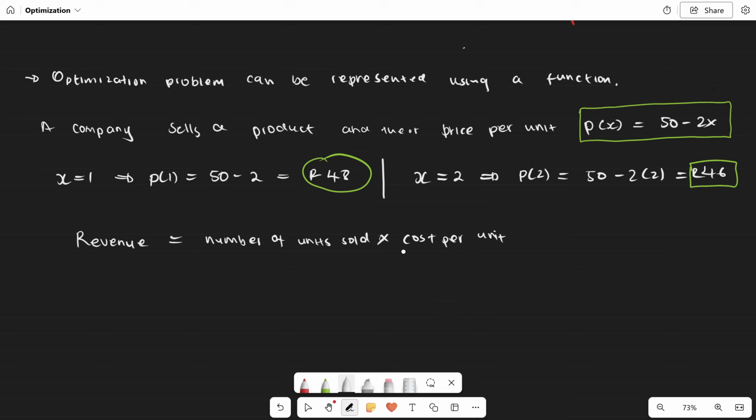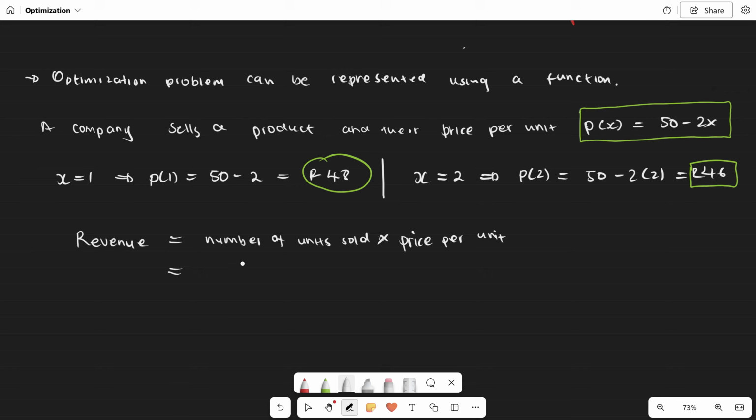Actually, this is not the cost per unit, this is price per unit. I'm always making this mistake. This is the price that the customer will pay. So revenue is the number of units sold multiplied by the price per unit.